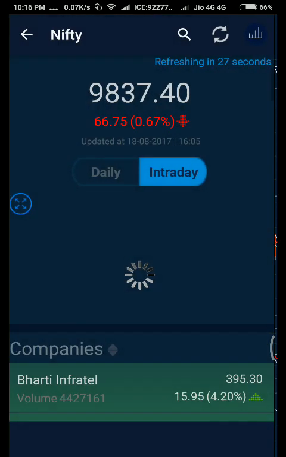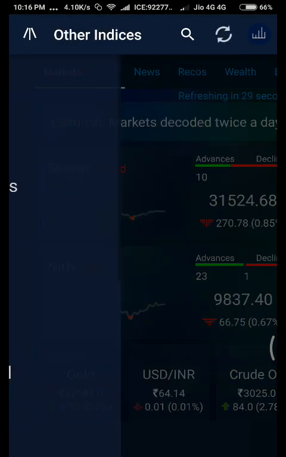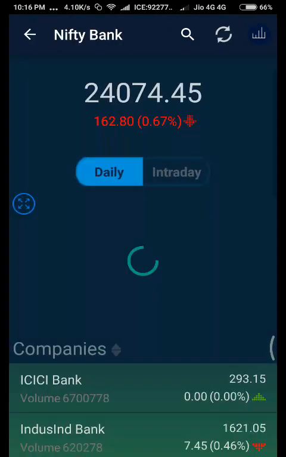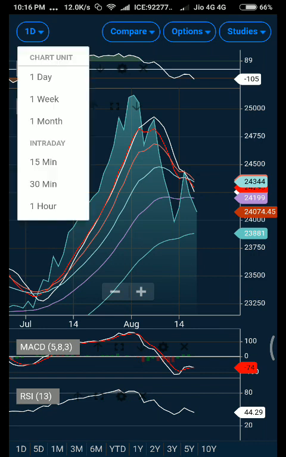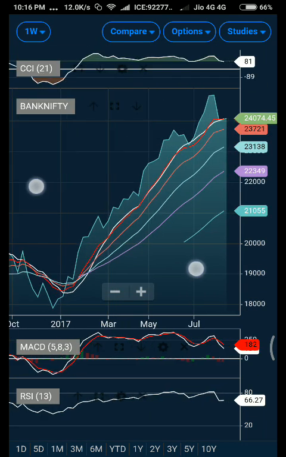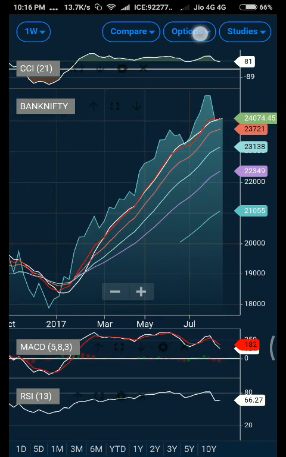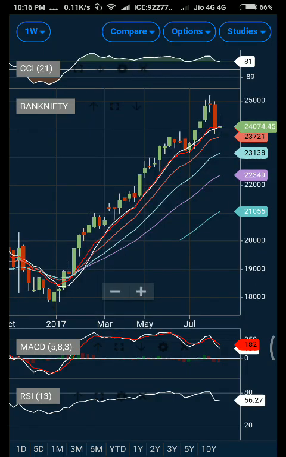Now let's quickly check what the Bank Nifty is suggesting. We are trying to find out from the weekly charts how serious the concerns are. Let us observe the same thing with CCI.